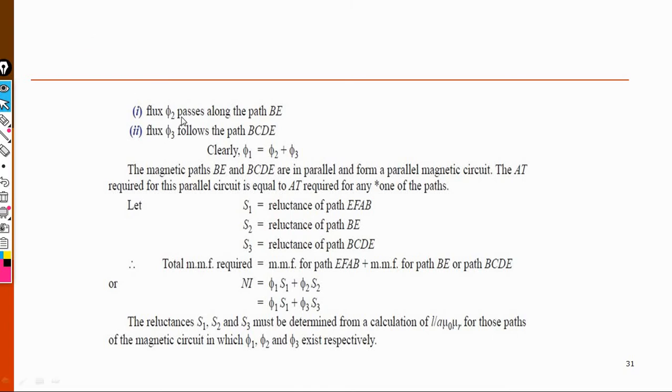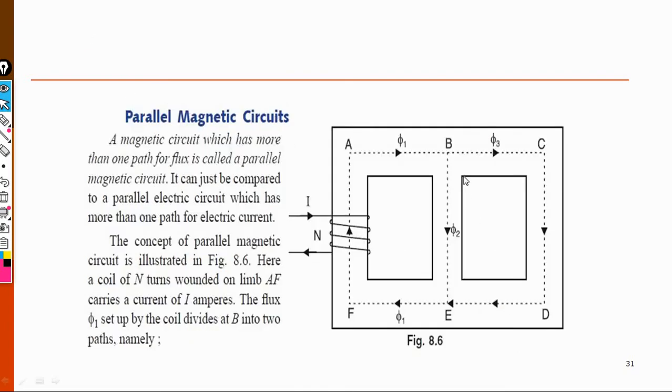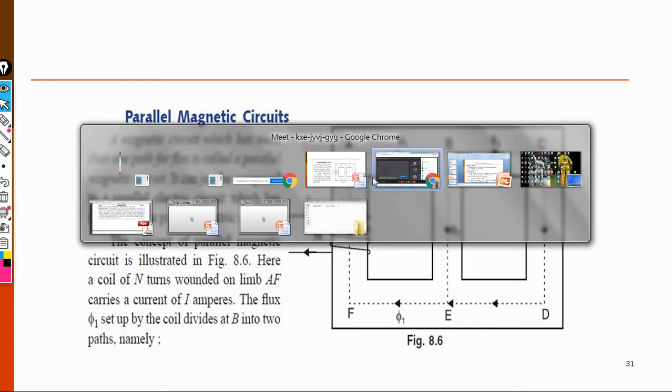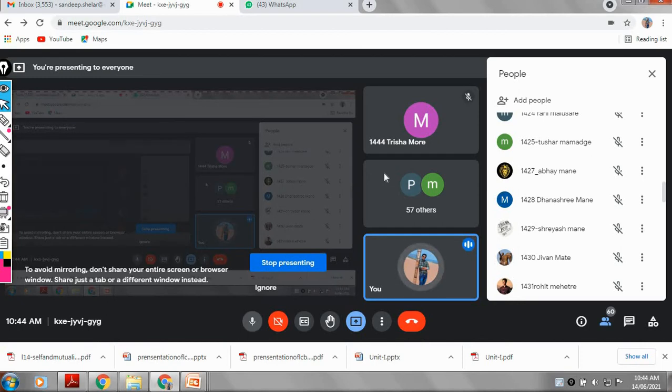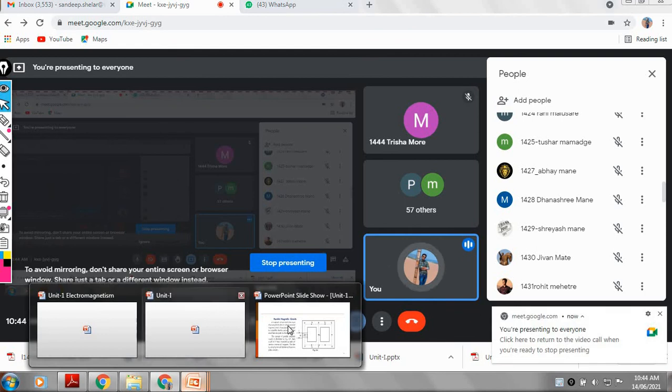Flux phi 2 passes along path BE, that is, flux phi 2 moves from point B to E. Flux phi 3 moves along path B, C, D and E. And flux phi 1 flows through A, B, then E, F and AF. Now these are the important flux paths of the magnetic circuit.